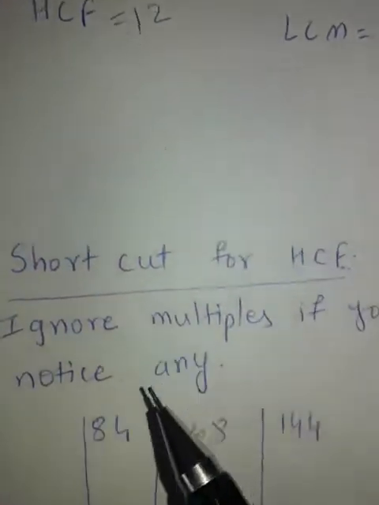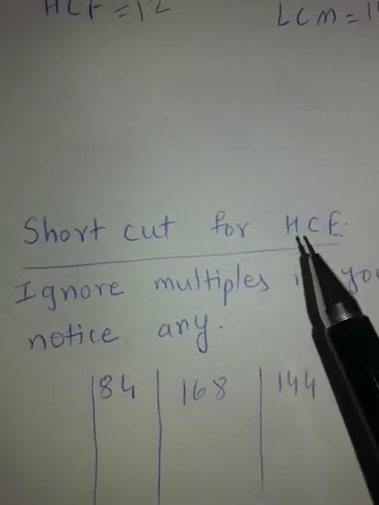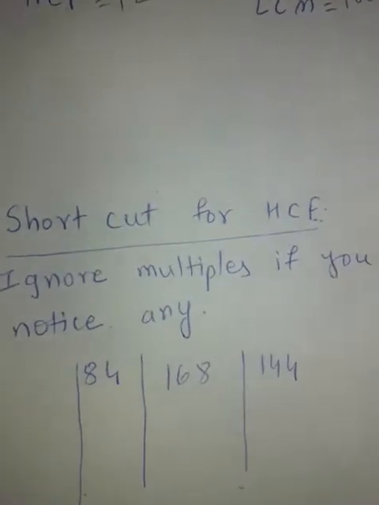I am again taking the same example, 84, 168 and 144, and this method tells me to ignore multiples if you notice any.